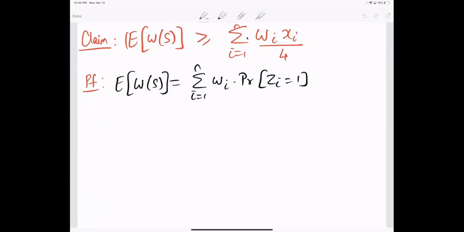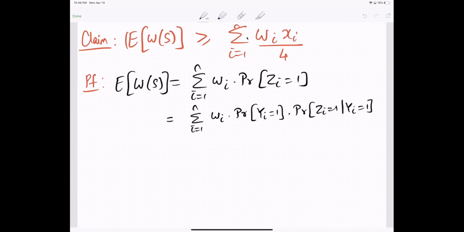And Z_i equal to 1, the way we'll write it is as follows: sum over i equal to 1 to n, w_i, probability of, we'll invoke Y_i now, Y_i equal to 1 times Z_i equal to 1, condition on Y_i equal to 1. So this is a standard formula of conditioning, right?